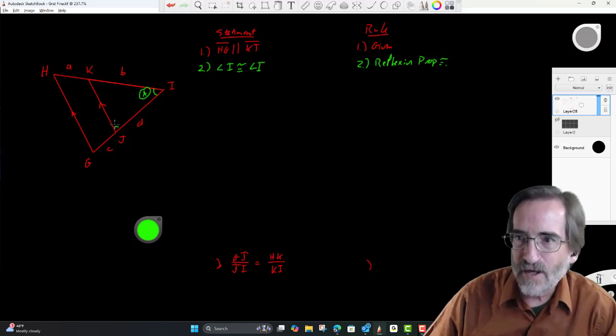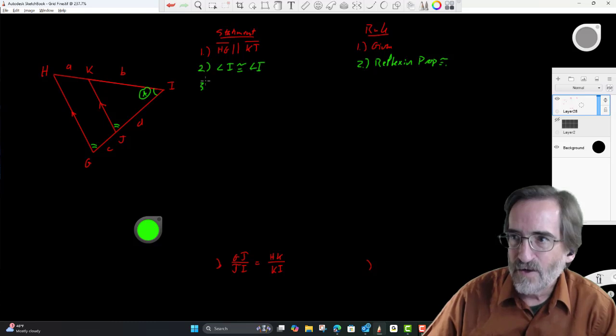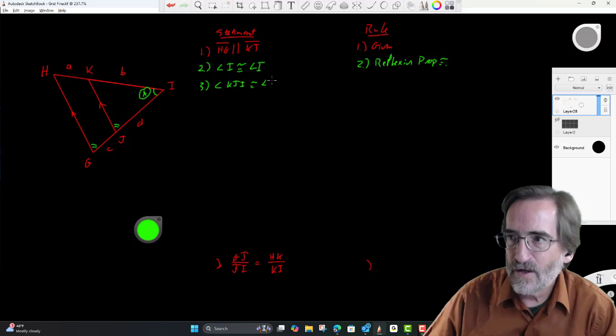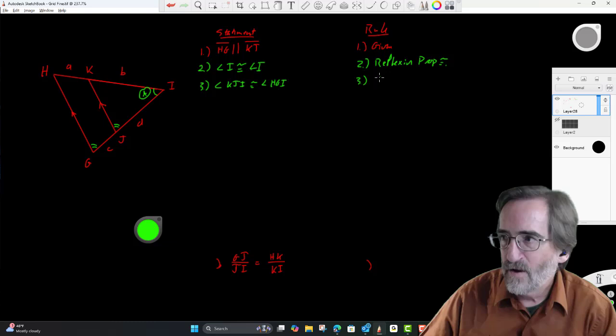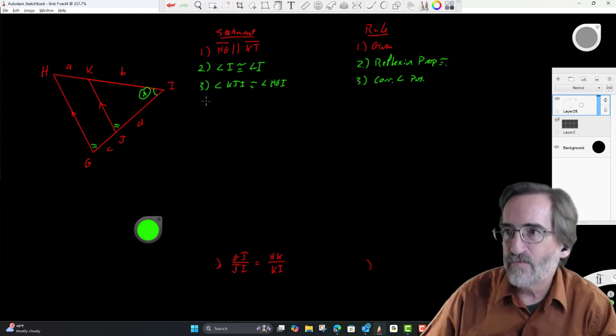Then I want to say angle J here is congruent to angle G, but I can't call it angle J and angle G. That's too ambiguous. So I need to label it angle KJI is congruent to angle HGI, remember the vertex is always the middle letter. Step 3, that's by the corresponding angle postulate.